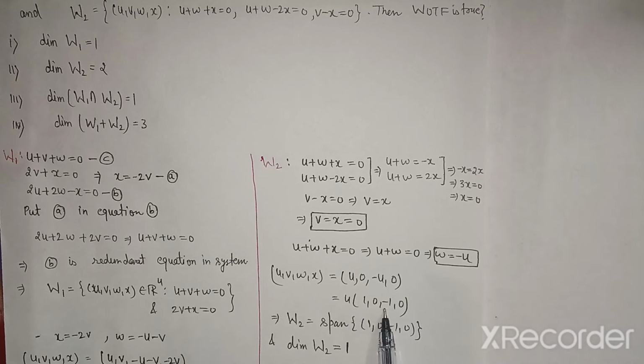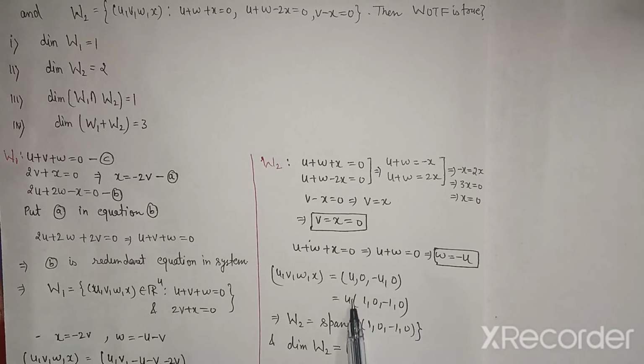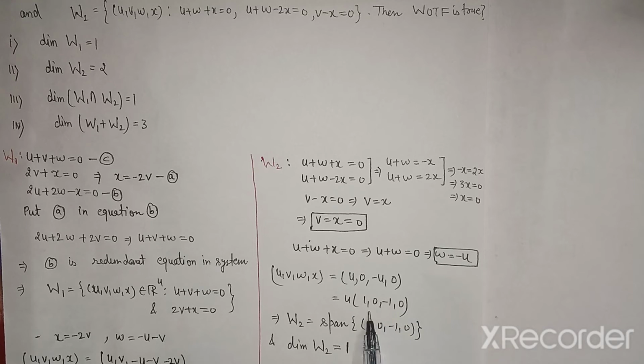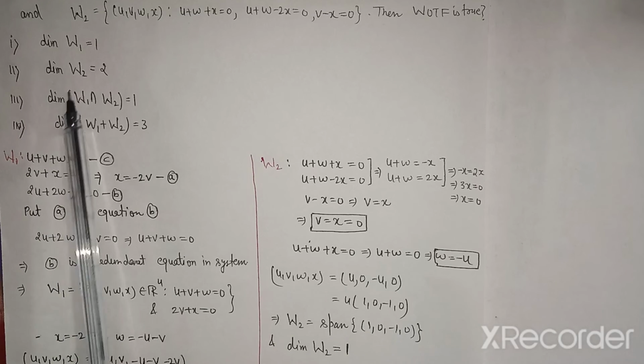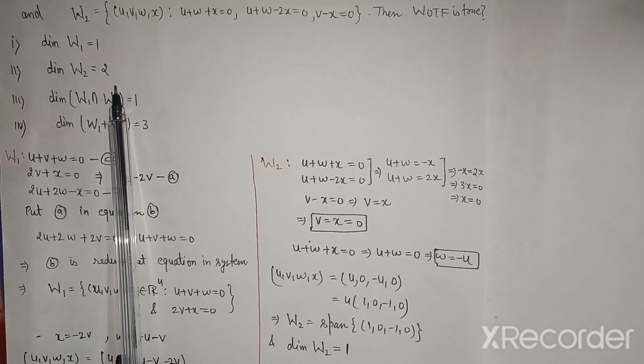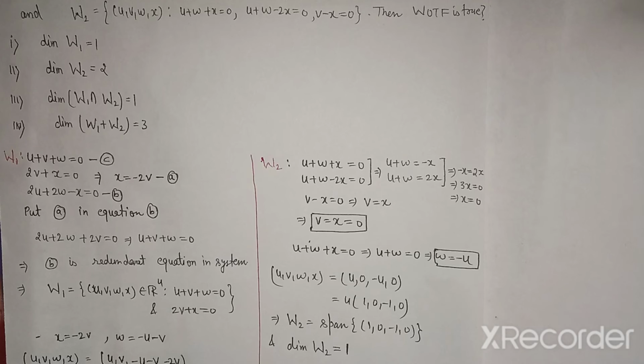So W2 is a subspace which can be generated with the help of only one vector. So W2 is the span of this single vector, and this implies the dimension of W2 is 1. But the option says the dimension of W2 is 2, so the second option is again discarded.